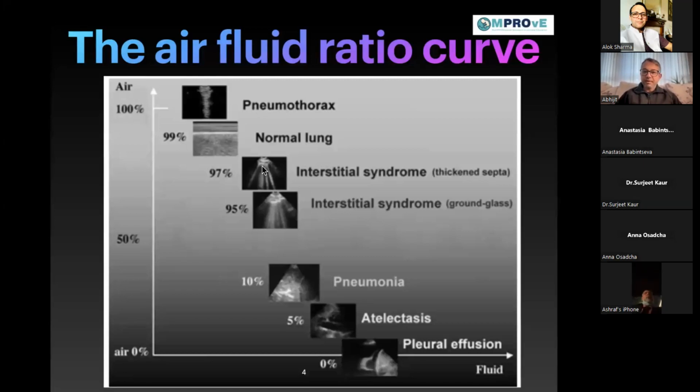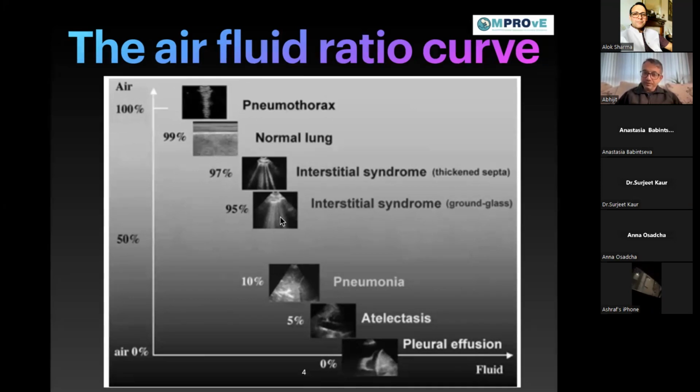So you start replacing the air with fluid. So you are left with 97% air and 3% fluid. That gives you the interstitial syndrome, which is basically the thickening of the septa. You start seeing B lines. Now, mind you, in one segment, up to 3 B lines is normal. But anything more than that indicates some pathology.